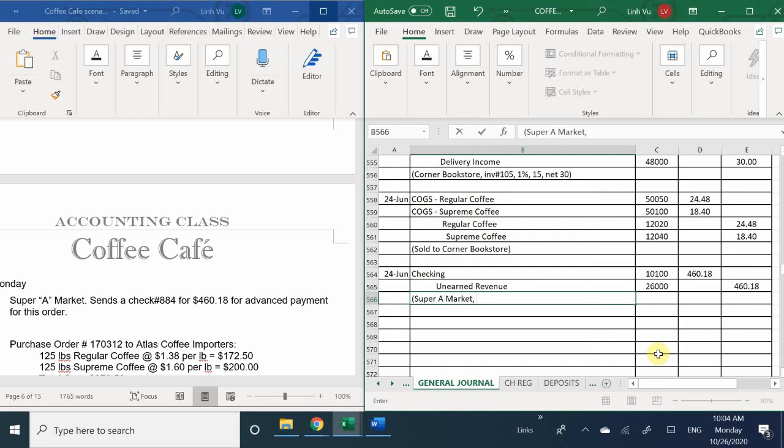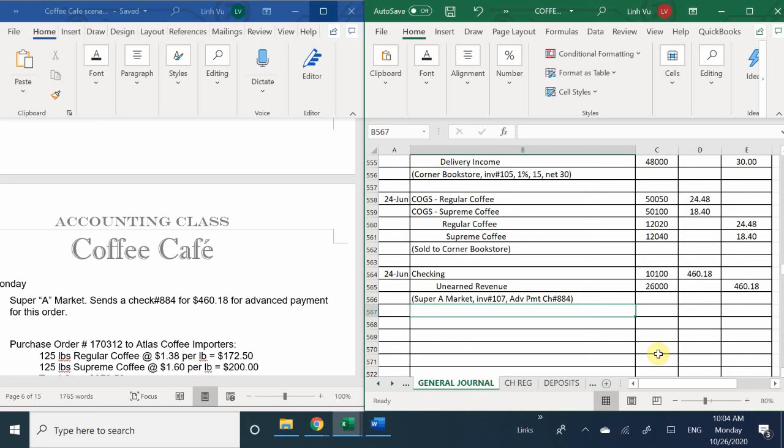Should I indicate advance payment? No. I'm going to write the invoice because that's what they're advance paying for. Check number 884. All right, good.